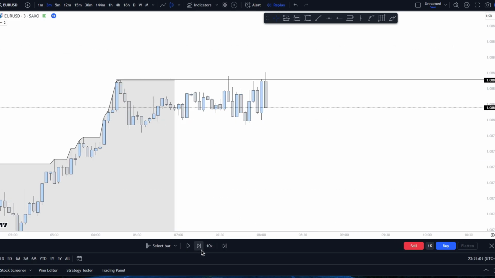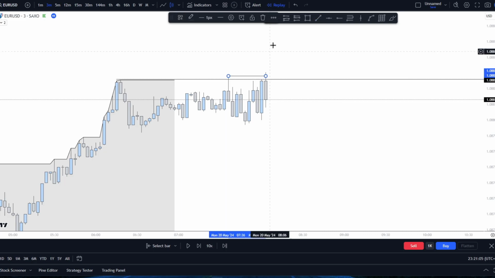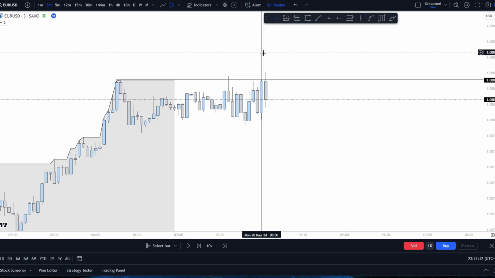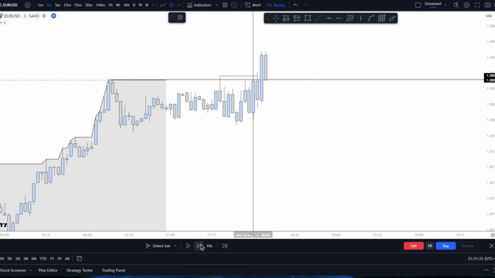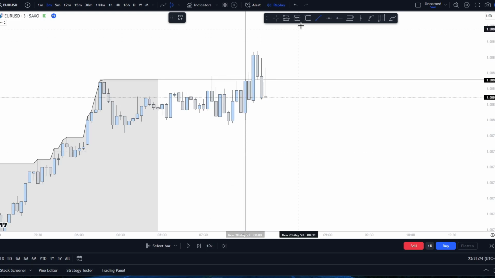Nothing yet. Swept this high again. You can see how the timing works here, because this is 7, this is 8, so the 7 has been swept basically. Now we can look for entries. Another sweep.